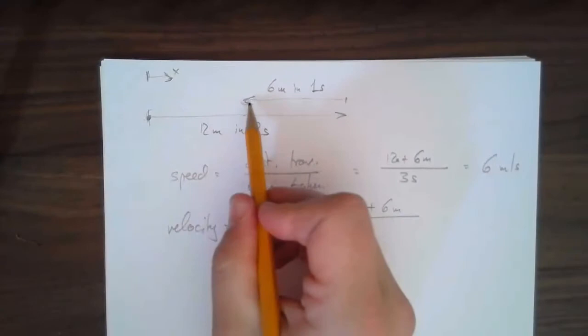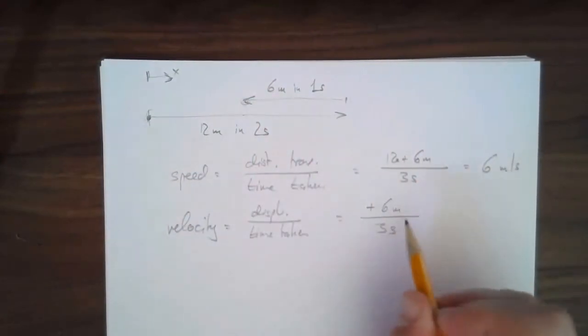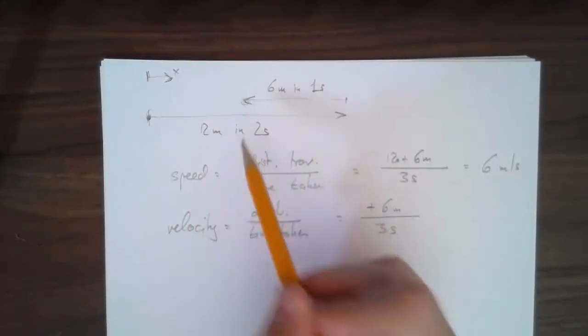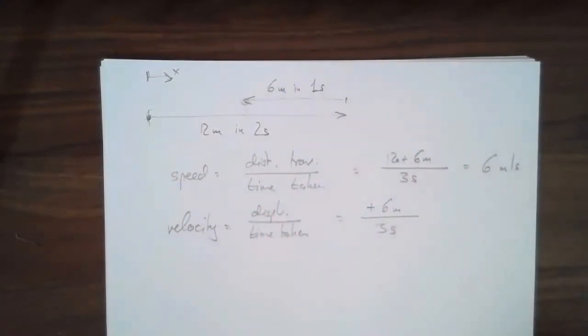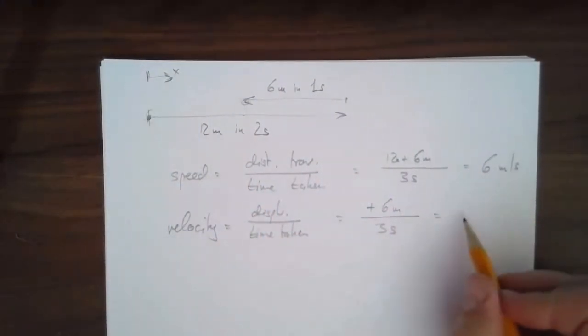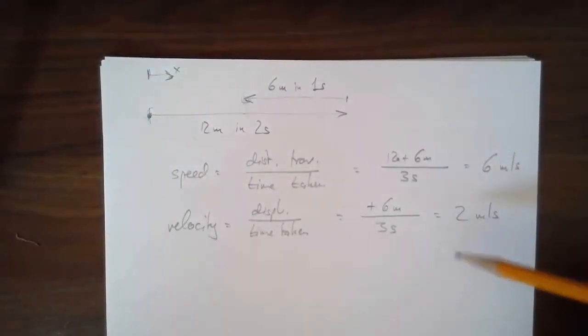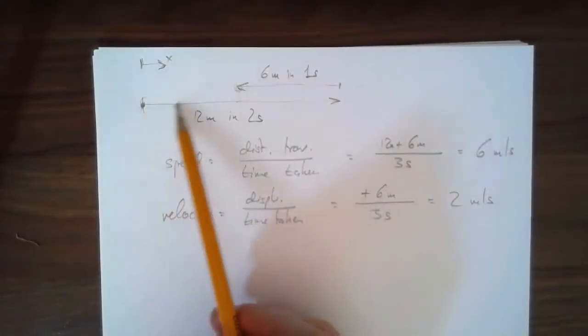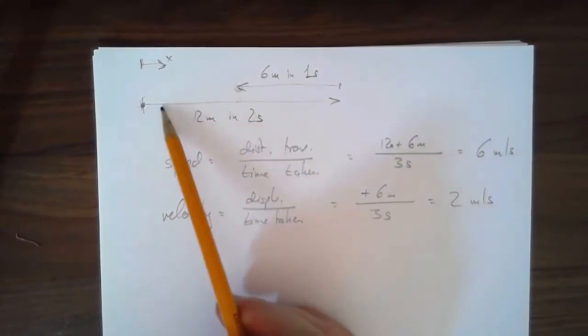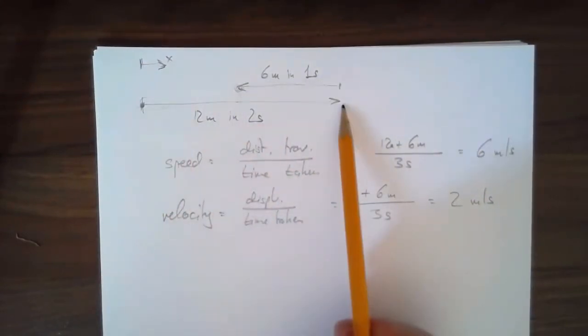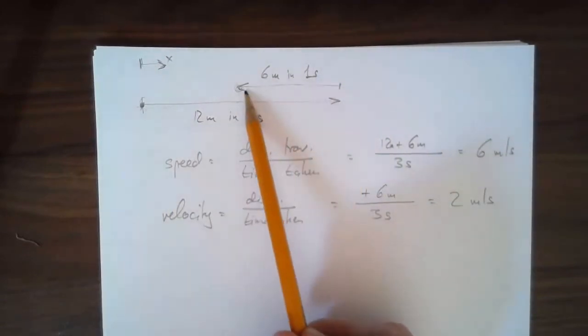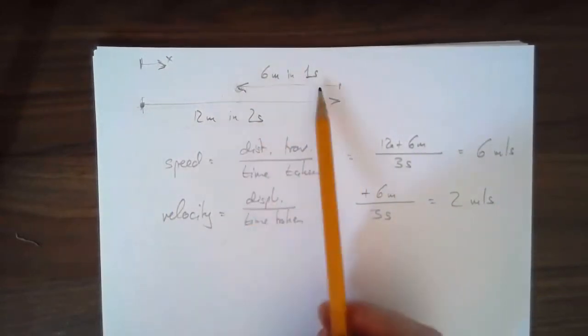It takes me 3 seconds, right? Because that's the time interval I'm looking at over which I'm calculating the velocity. So my velocity in this case would be 2 meters per second. Now, strictly speaking, my velocity at the beginning was 12 meters per 2 seconds, that's 6 meters per second, and then it was minus 6 meters per second on the second part of the journey.